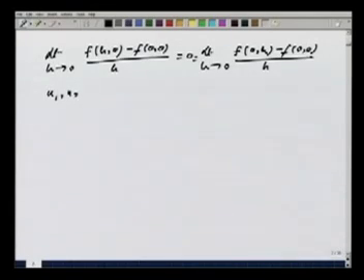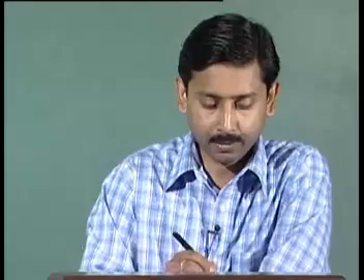So let me choose a vector (u1, u2) such that u1 not equal to 0 and u2 not equal to 0. Because if one of them is 0, that case I have already taken care of in the usual partial derivatives.